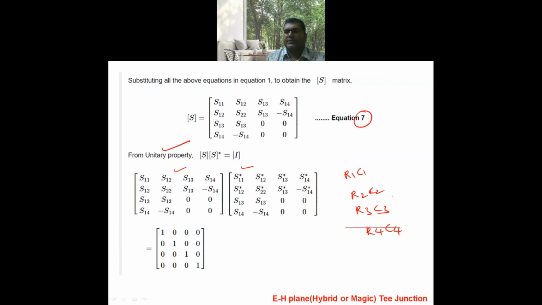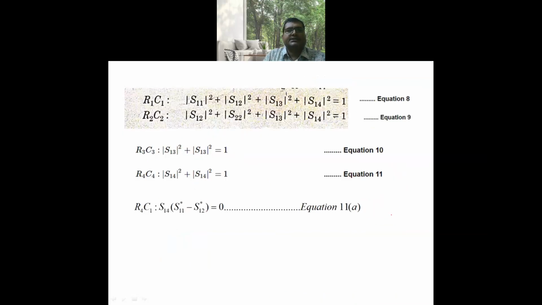This type of expansion we are going to do to proceed further with the derivation. By expanding along R1 C1 we get equation number 8, along R2 C2 equation number 9, along R3 C3 equation number 10, and R4 C4 equation number 11, and R4 C1 let it be 11a.